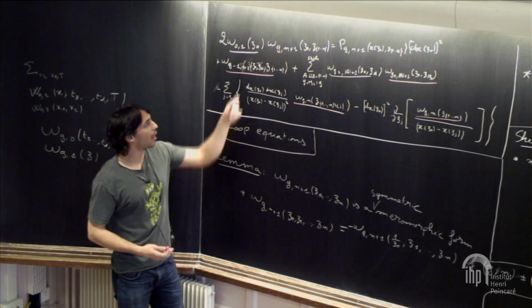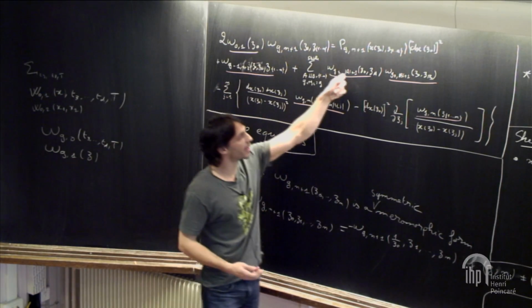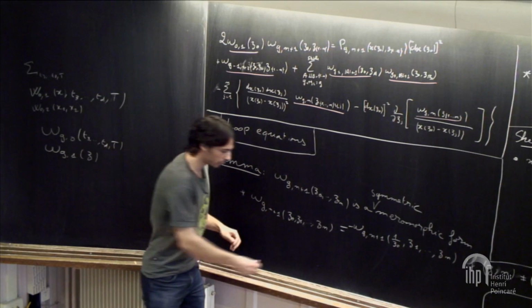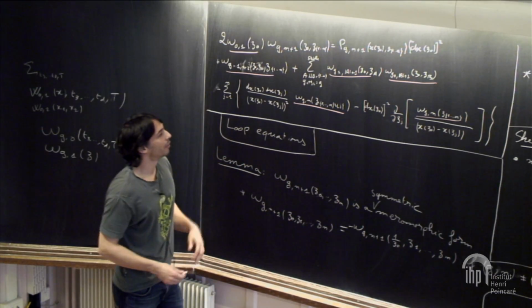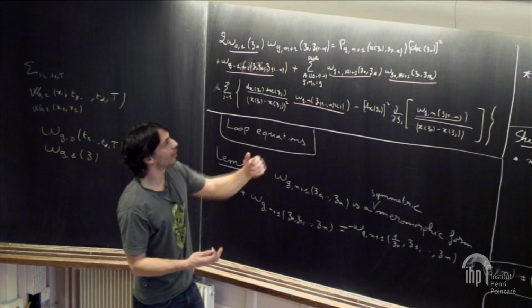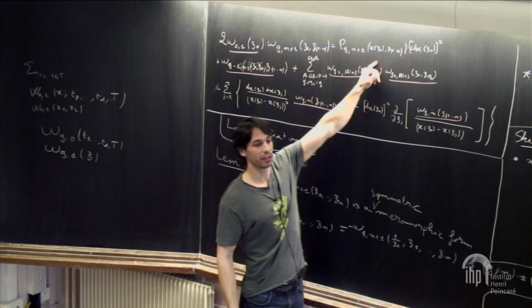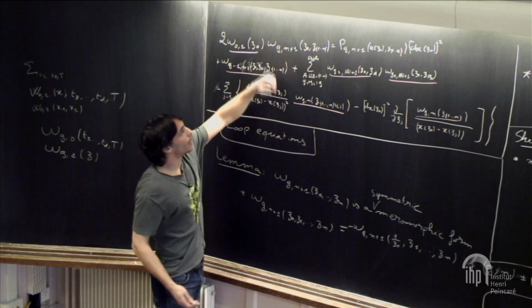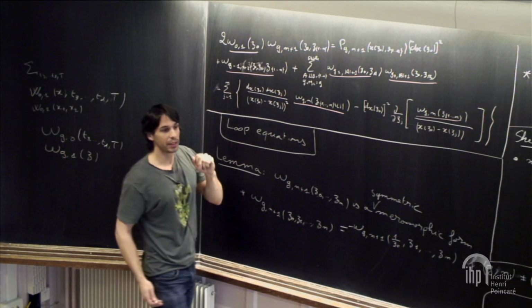So by induction, I assume that all these objects satisfy this lemma. Now, if I look at this equation, still I've got a polynomial in x of z0. So it might have a singularity when x of z0 goes to infinity.